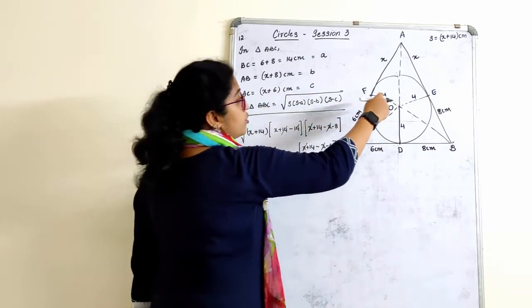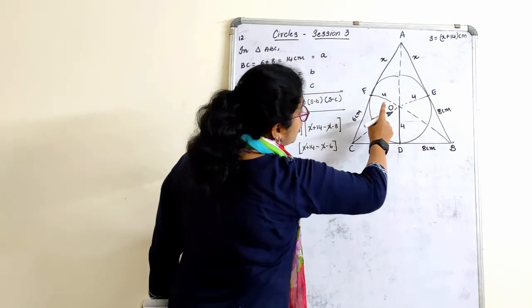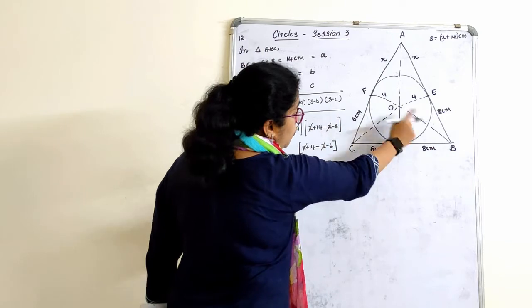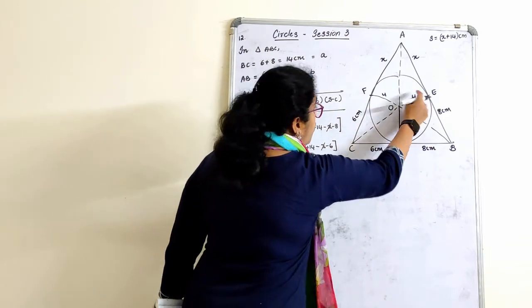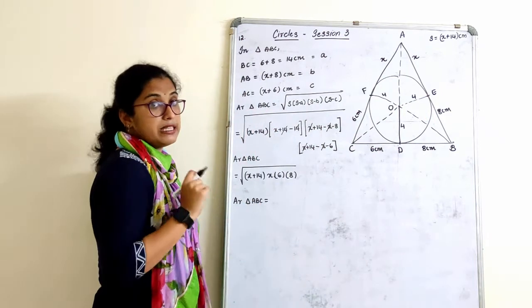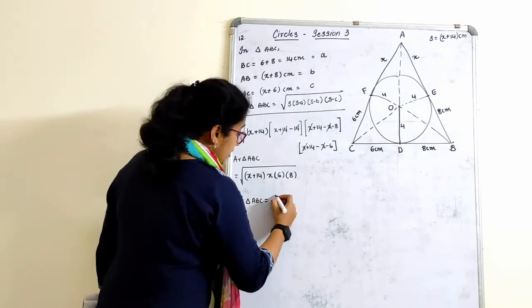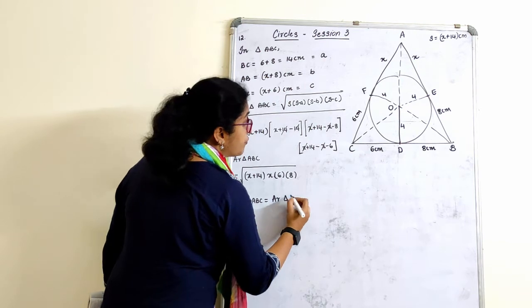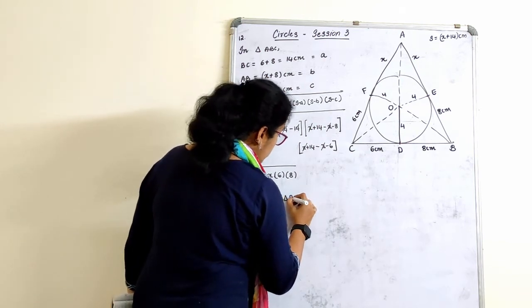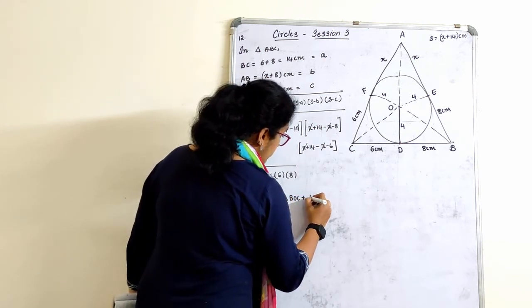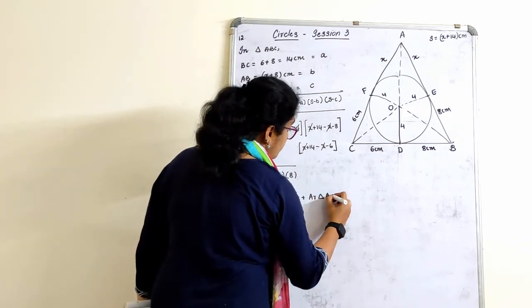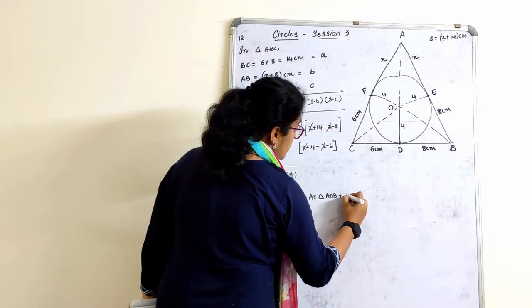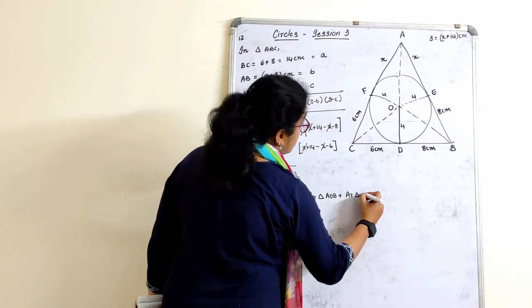When you have written join OA, join OD and join OB and OC you have written. Along with that you also write join OE and OF. Please mention that also. Is nothing but area of triangle BOC plus area of triangle AOB plus area of triangle AOC.